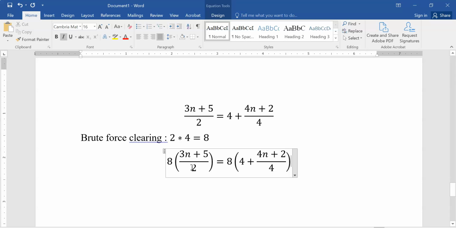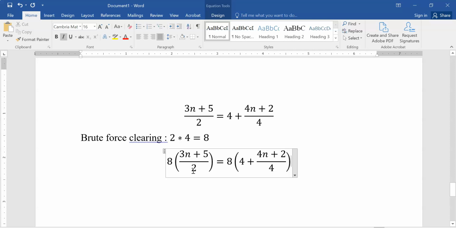Okay? Now you may ask, well, how do I distribute an 8 times (3n plus 5) over 2? What we have to realize is that if you remember, multiplication and division were on the same level in lesson 1.2. So because they were on the same level, it means distribution by multiplication works the same as distribution by division.